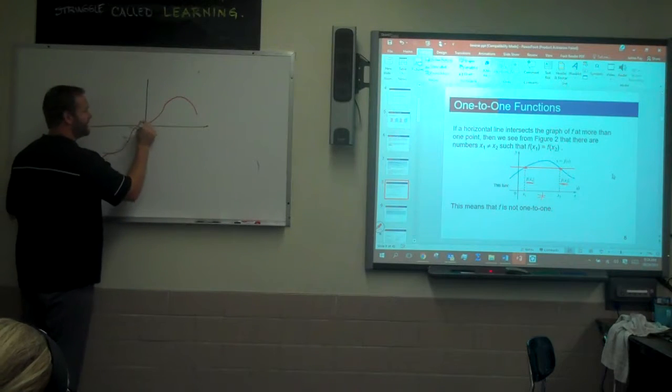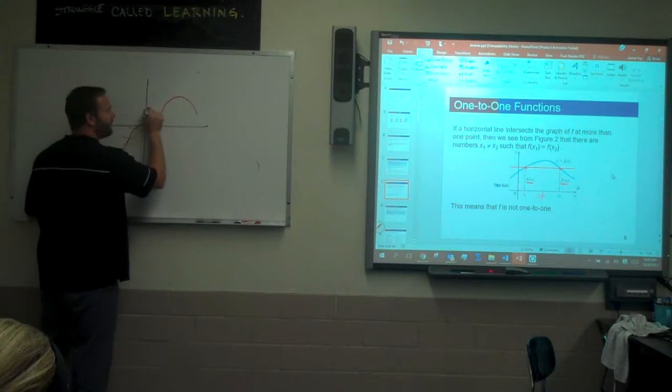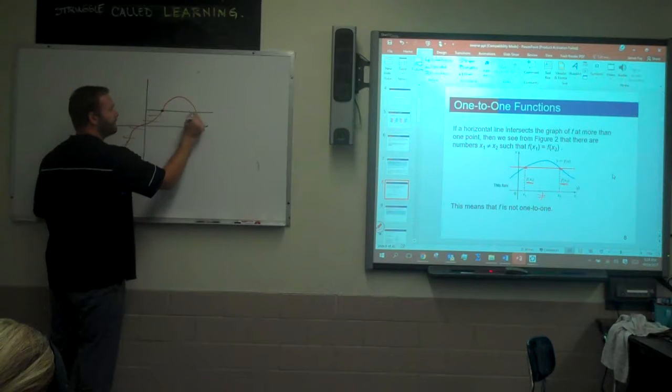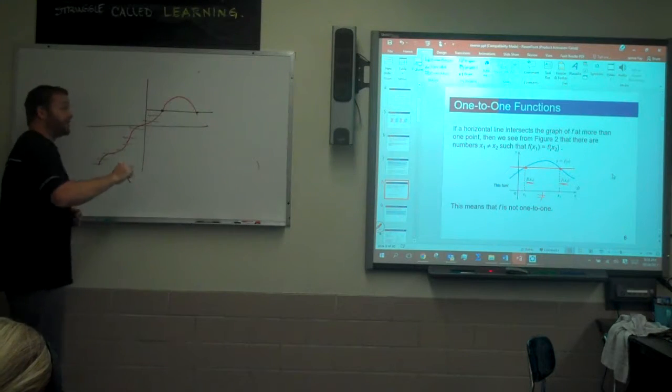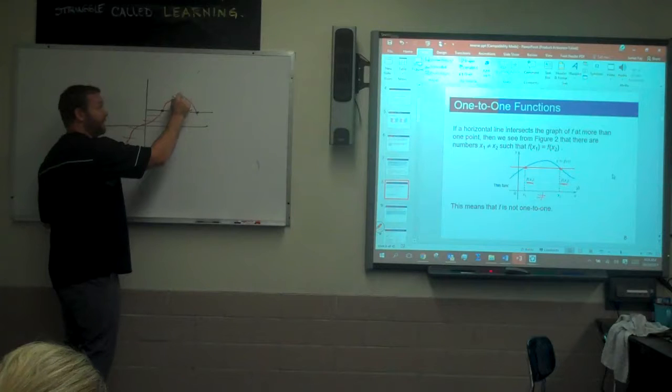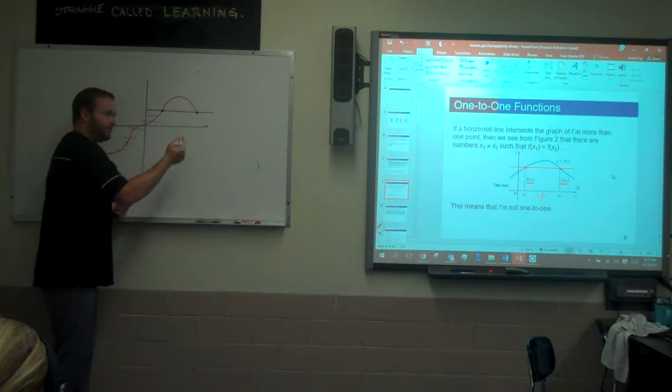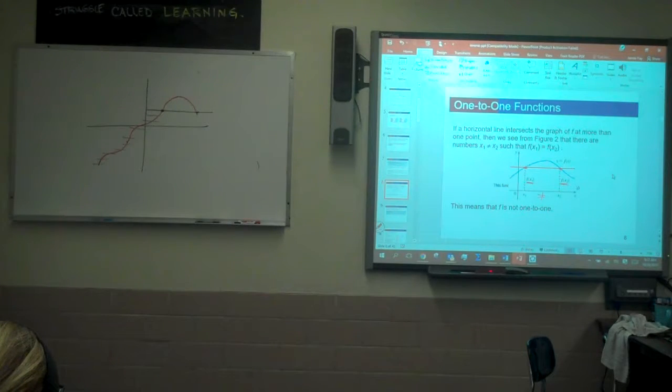Because I'm passing here, passing here, passing there, passing there. But right there, because it bent back down, it changed from increasing and then started to decrease, we will fail the horizontal line test, right? So we learn that anything that is always increasing or always decreasing will always pass the horizontal line test and therefore will always be 1 to 1.